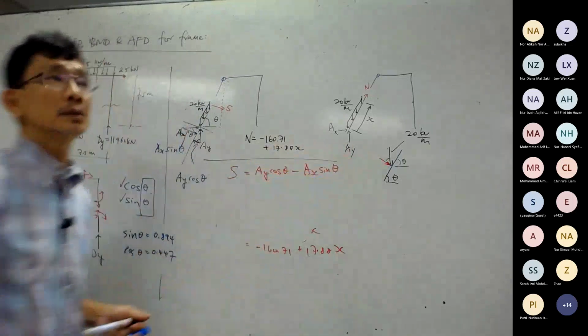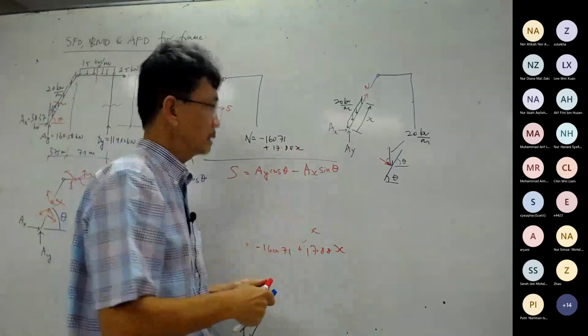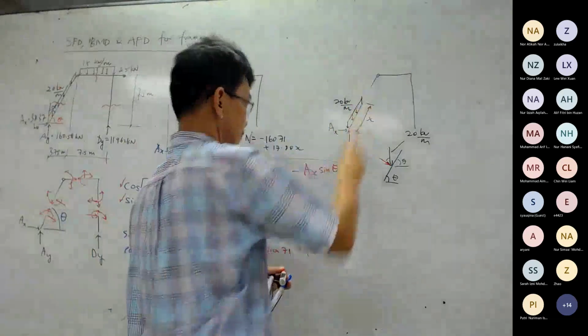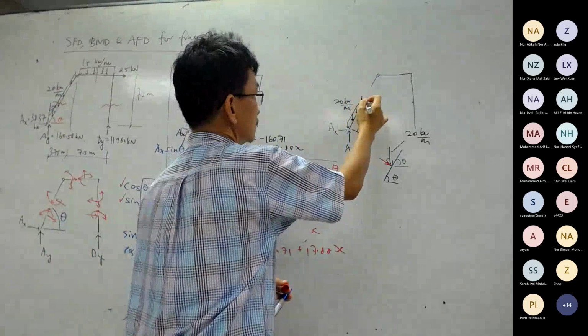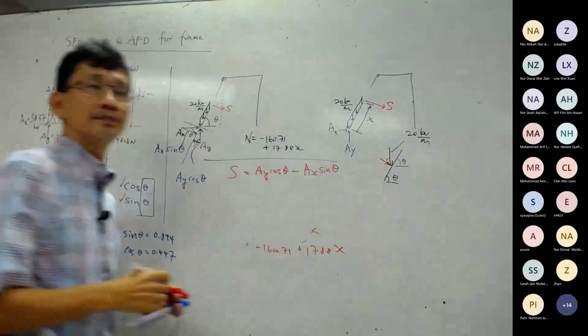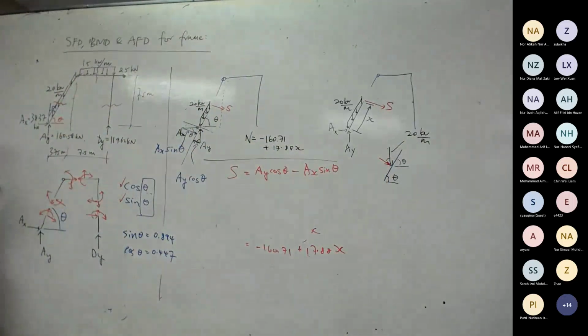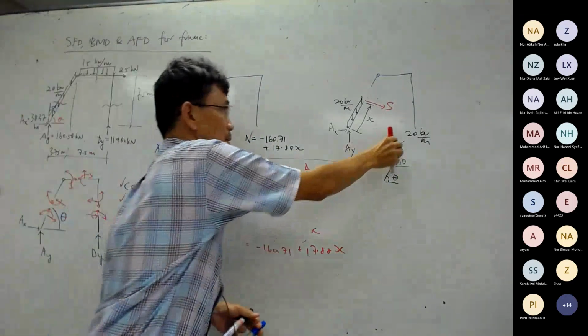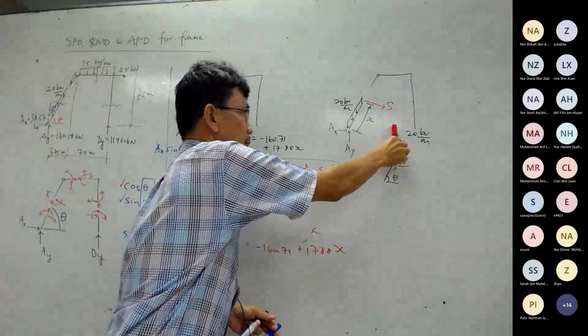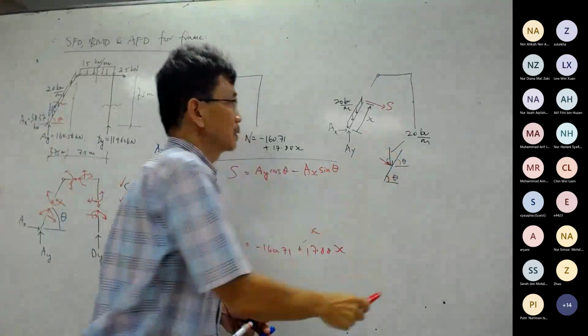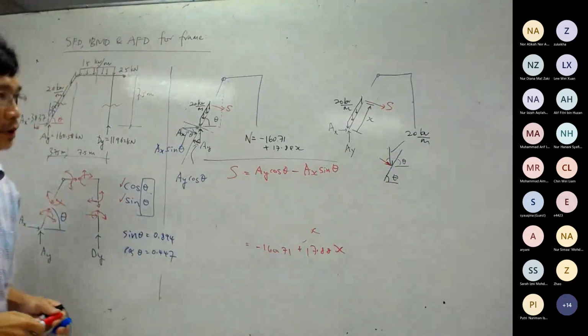And this, which is coming from here, we need this shear force now. So we need to get the component of this 20 kilonewton per meter in this direction. So this one will be 20.